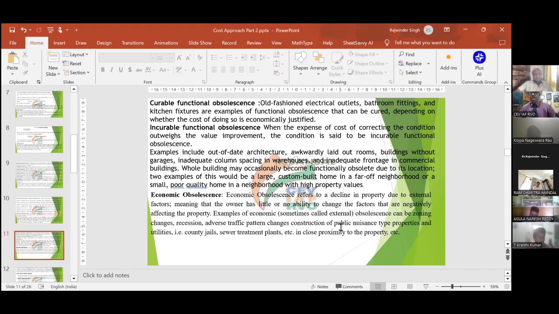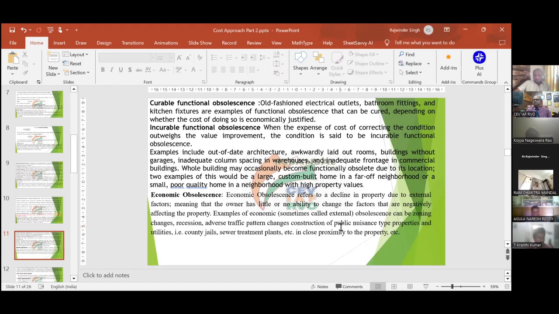And next one is economic obsolescence. Economic obsolescence is due to the external factors, reduction in the value of the property due to external factors on which the owner does not have any say. He cannot stop that. Let us suppose the government has announced that a sewage treatment plant will be constructed in the vicinity of the building.